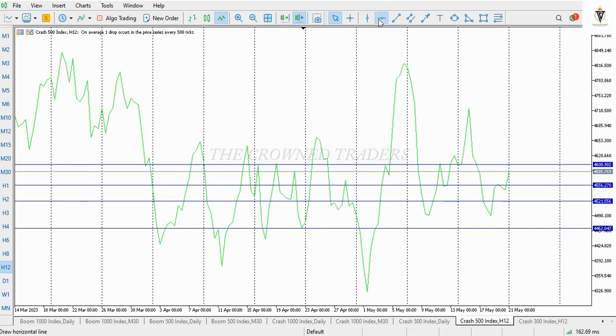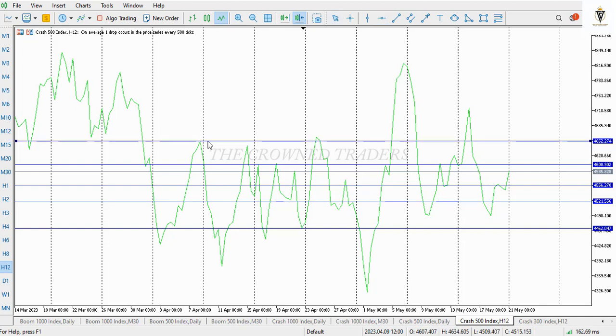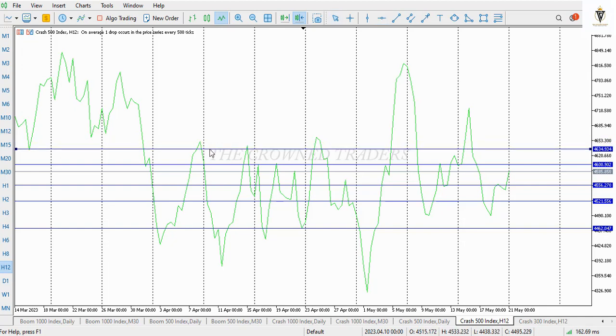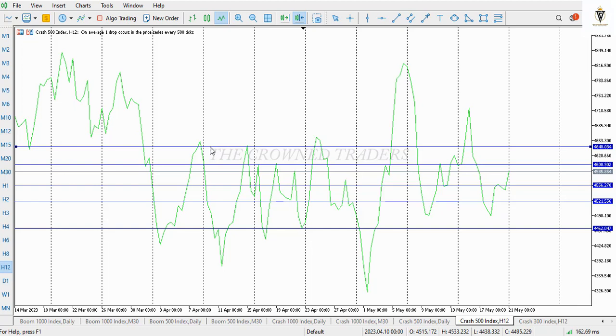Scroll properly. So I just moved back a little, not too far. I'm seeing here and here.